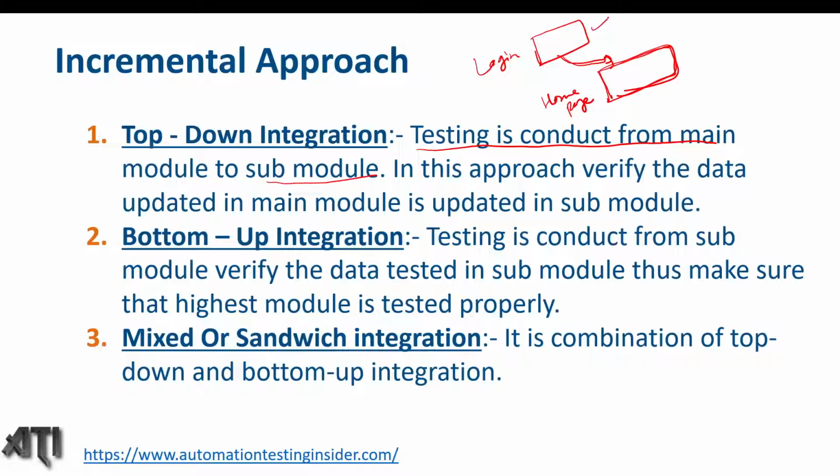Login page is my main module, and this is the sub module. How does the data flow? Until we log in with username and password, it won't land on the home page. Here it will showcase the username, so it depends on this module. Data will be updated once we log in to the application.